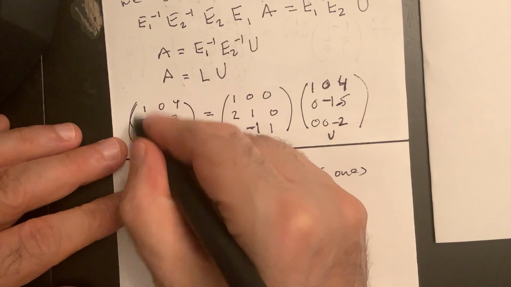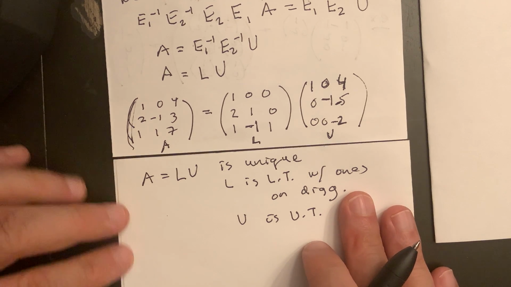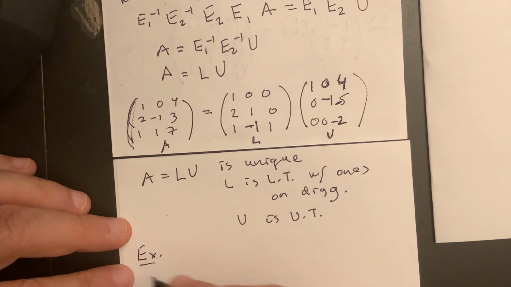Okay, we'll do another example. And then we should see how to use it to solve a system too. So let me give you one to do. Let's do a practice, a small one, say, and I'm picking this without thinking about the numbers.